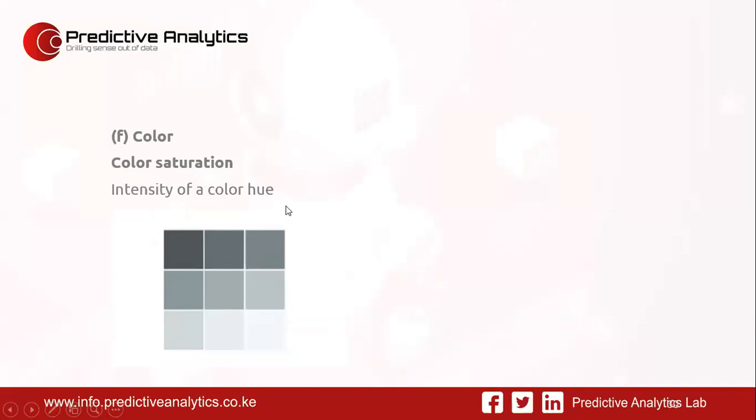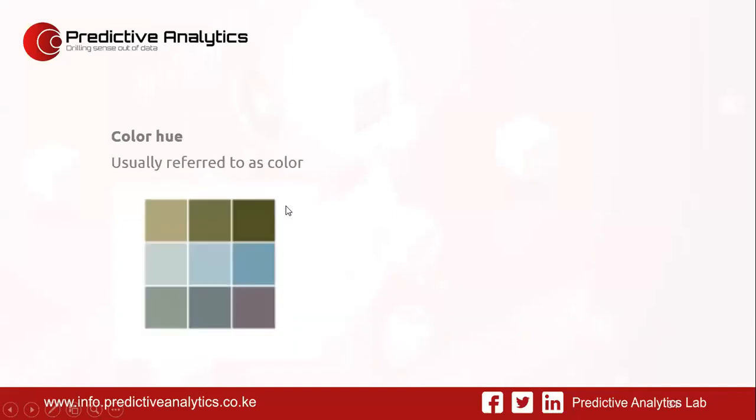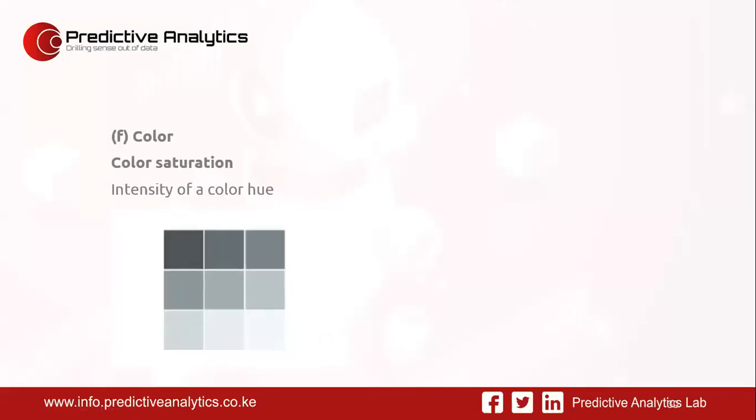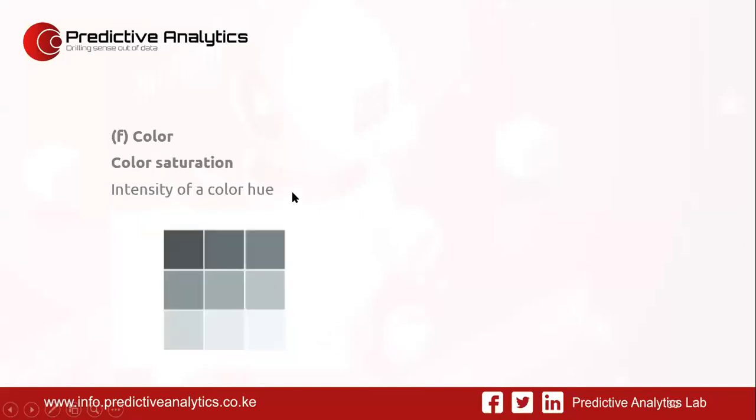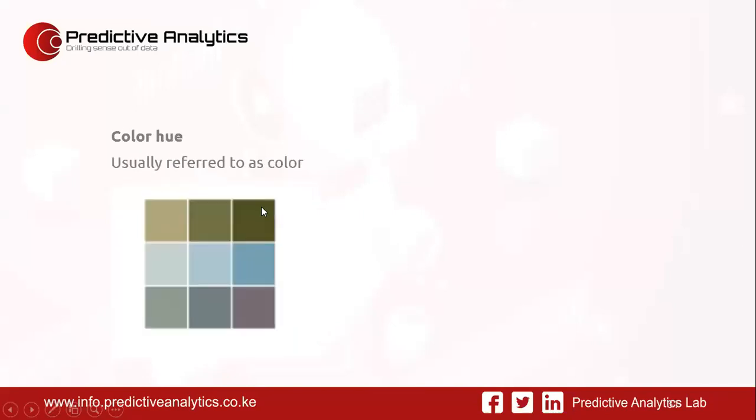This is what you mean by a hue. So that intensity of a color hue, that was the color saturation that we have. Then we have hue referred to as color. This is what you commonly call color. When someone says red, green, we call color hue.